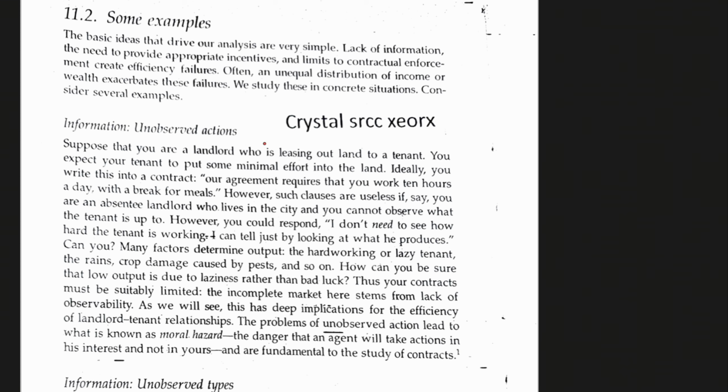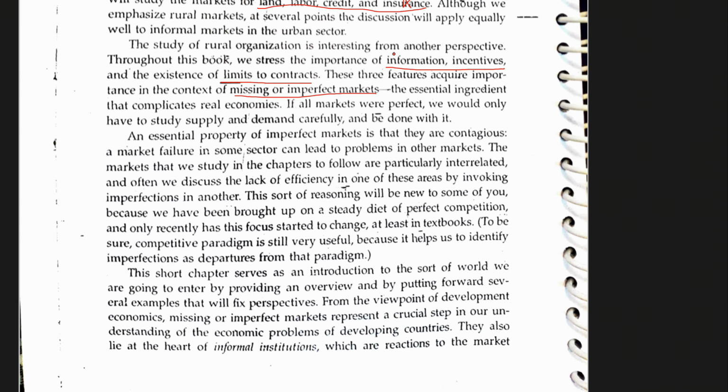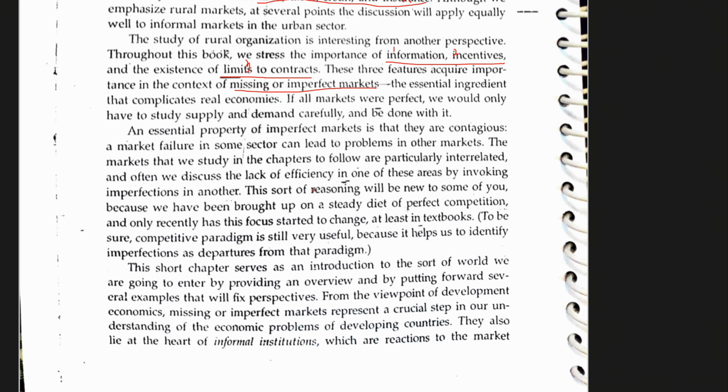The basic ideas that drive our analysis are very simple: lack of information, the need to provide appropriate incentives, and limits to contractual enforcement create efficiency failures. These are the three things that we studied here as well: information, incentives, and limits to contracts.